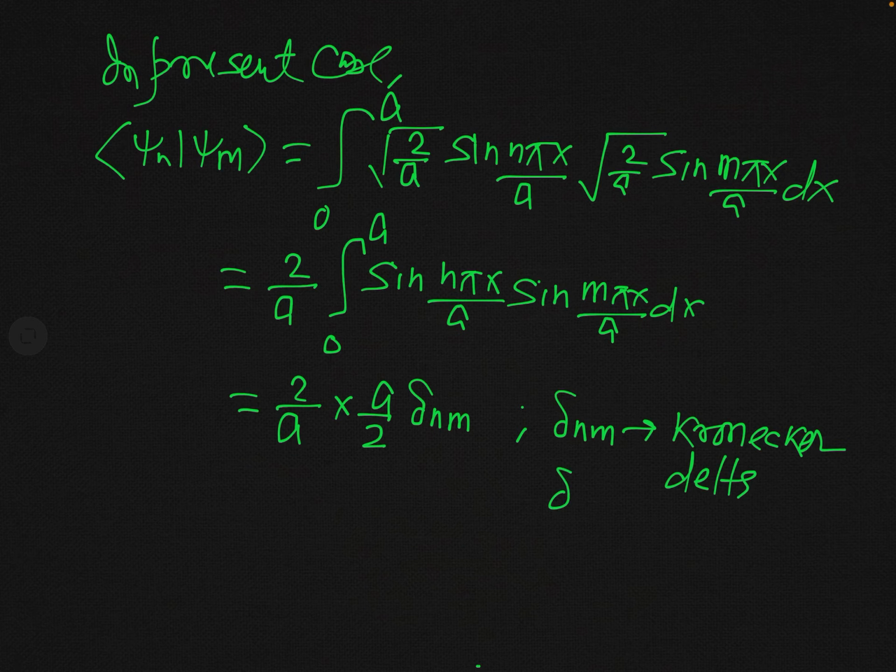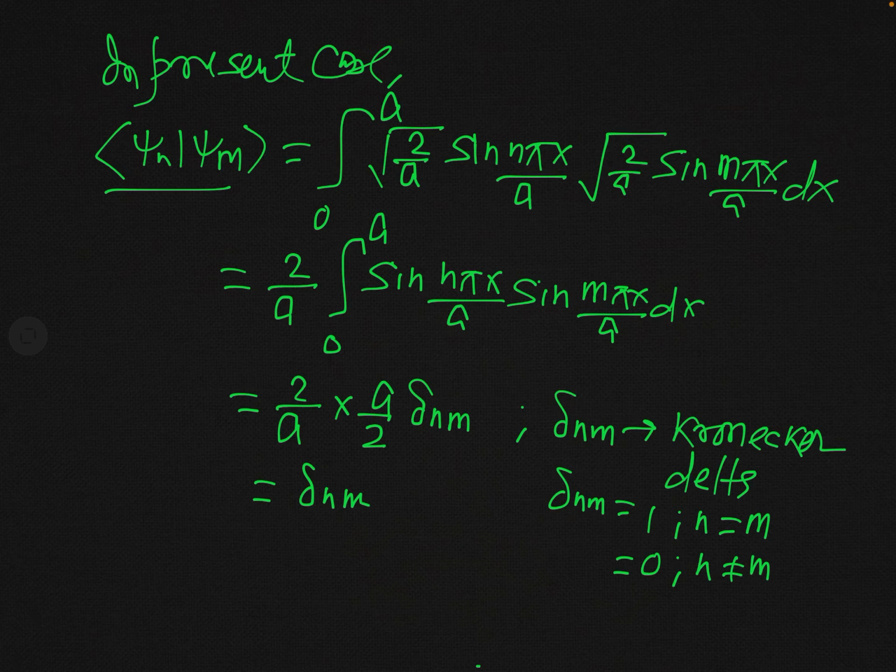And you know this Kronecker delta nm is equal to 1 if n is equal to m, and this is equal to 0 if n is not equal to m. So you can see this scalar product will be simply equal to delta nm.